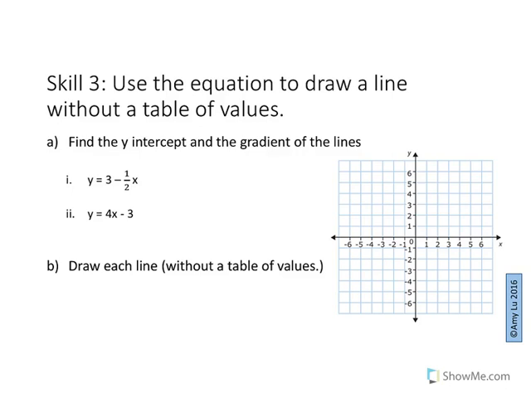Now in this skill, we have to be able to use the equation to draw a line without a table of values. I will go ahead and show you the first one. I'm going to rewrite this just for my own eyes so that it makes more sense to me. I'm going to put this term first, negative 1/2 x, and put the 3 behind it. And since the 3 is positive, plus 3. So now I know that this is my gradient, and this is my y-intercept.